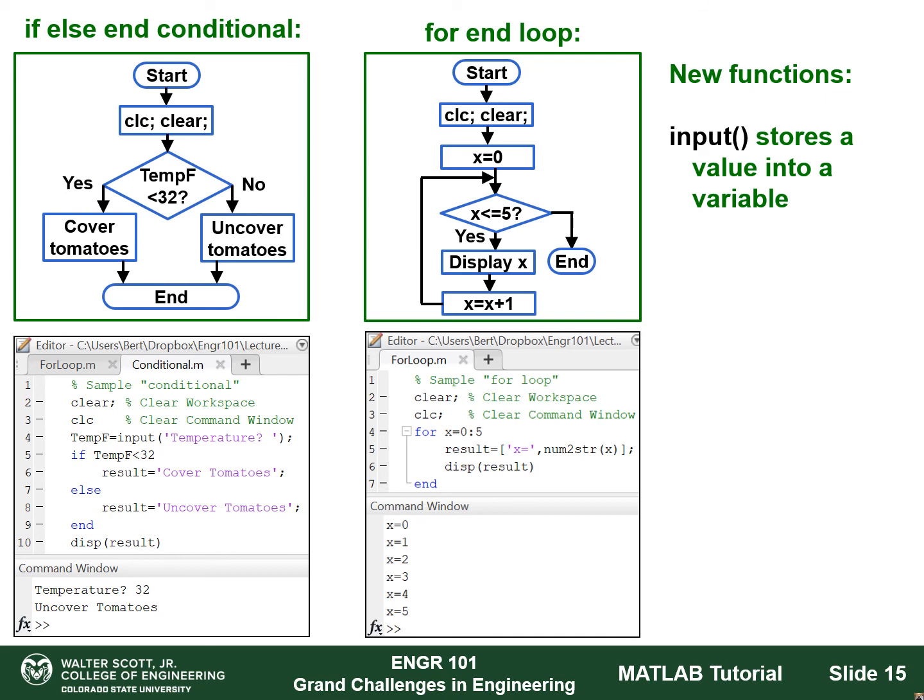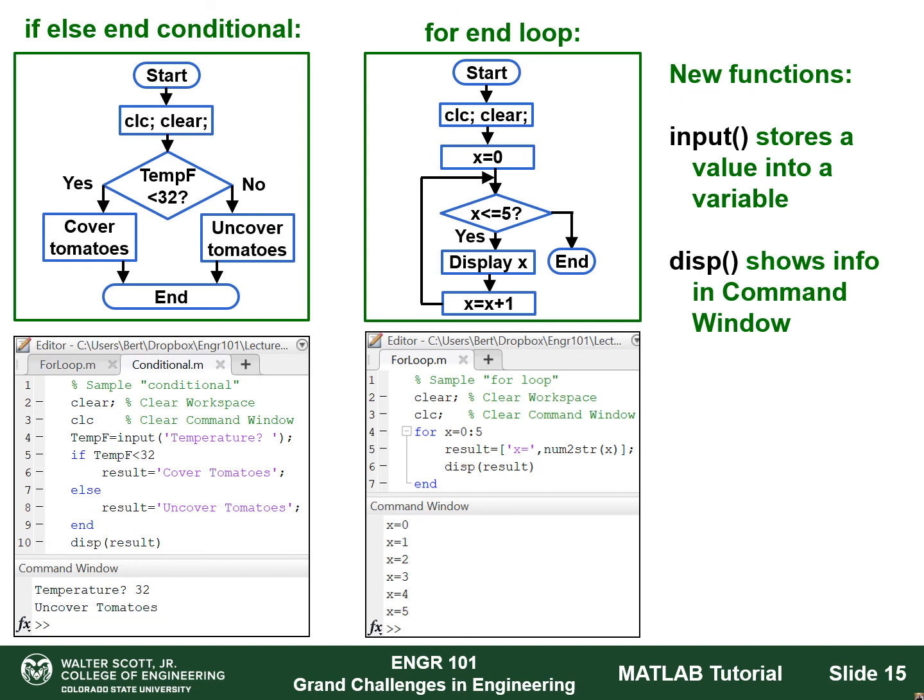If you put in a temperature of 31, it will generate a result of cover tomatoes. You may want to write that code and play with it. That also uses the display command, and that's at the end. That's the output. And so you can see that it generates that.